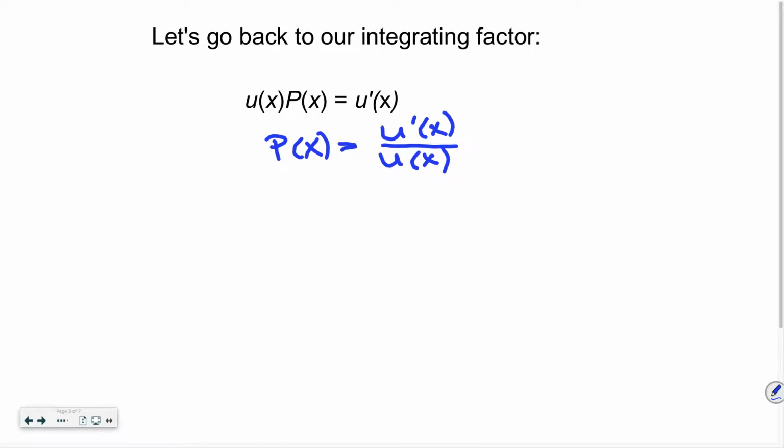Why is that so familiar? It's the derivative of the natural log of a function, and in this particular case, our function is u. So we could rewrite this right here as the derivative of the natural log of u of x.